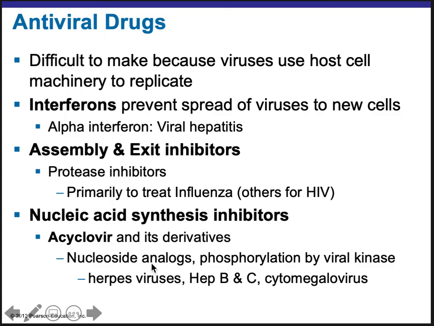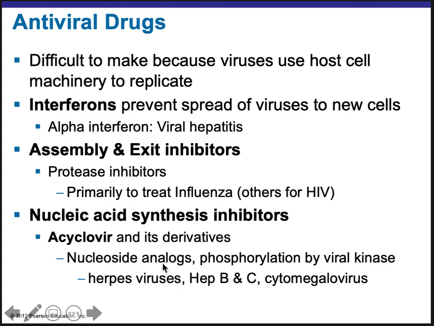So what happens is the virus has a kinase that it uses to phosphorylate and then insert into the nucleic acid that it's making to copy its own genome. And so this will have no effect on cells that are healthy with no virus infection, because they won't have the viral kinase, right?